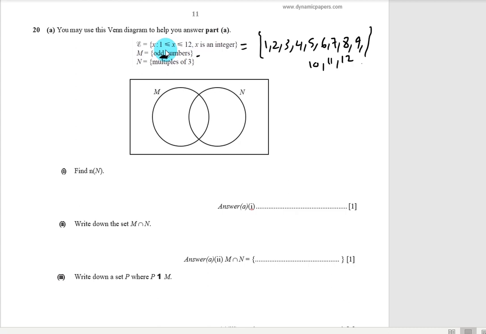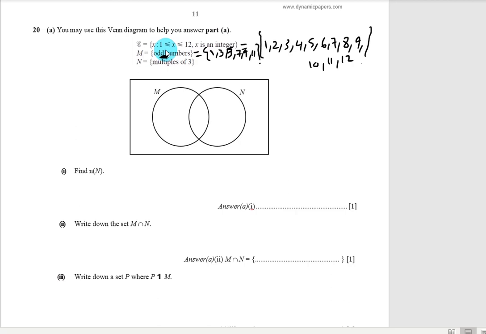Let me write M now. M is all the odd numbers: 1, 3, 5, 7, 9, 11.